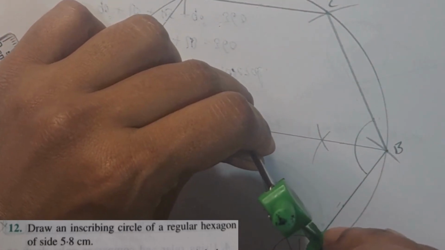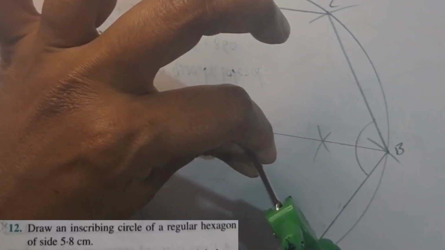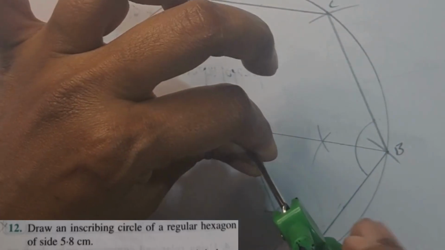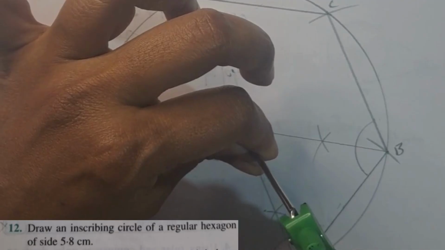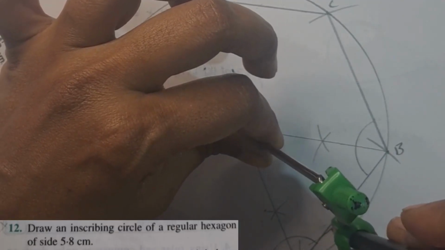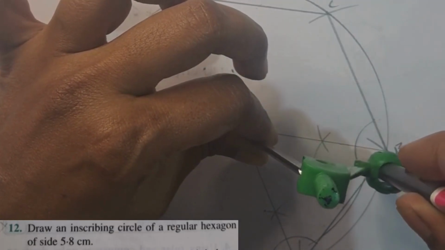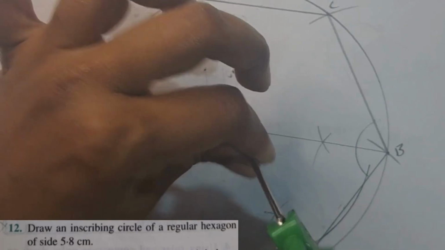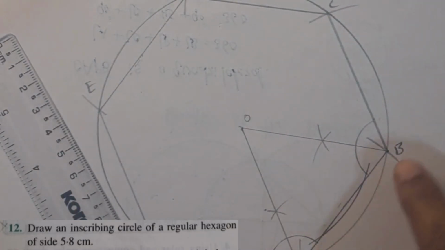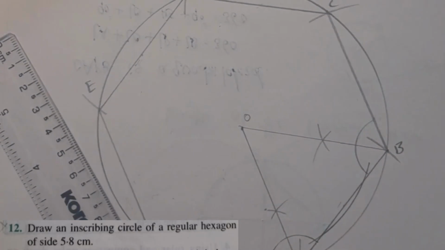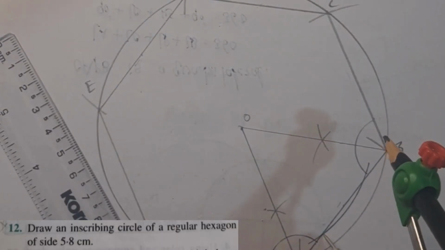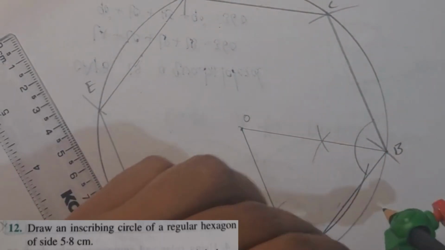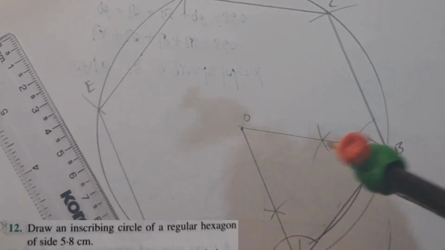Next, inscribed circle means compulsorily O as the center, and we should find out the radius first. For that purpose, from O as a center, we should cut the AB line. Like this we have to cut. See here, the AB line, it will touch two points. From there we have to draw arcs. Down, one arc.